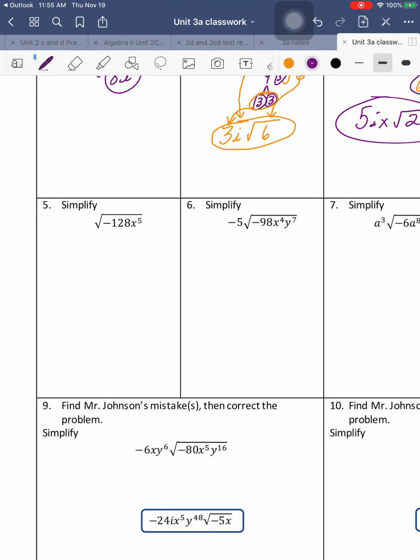Next one, we have the square root of -128x to the 5th. So the square root of -1 is i. 128 breaks down to 64 and 2. I have a tendency to circle the prime factors. Prime factors means 1 times itself is the only way you can get that number.